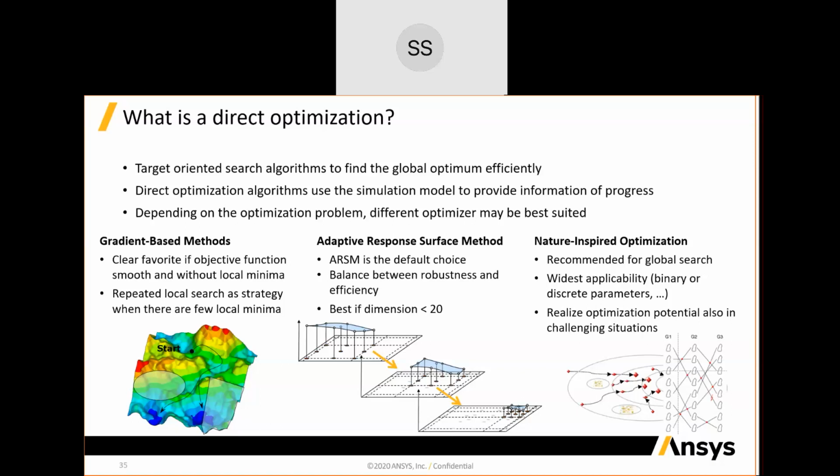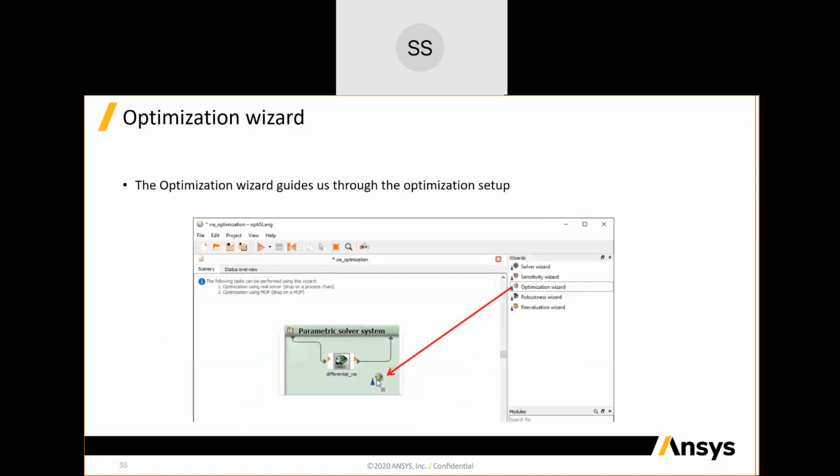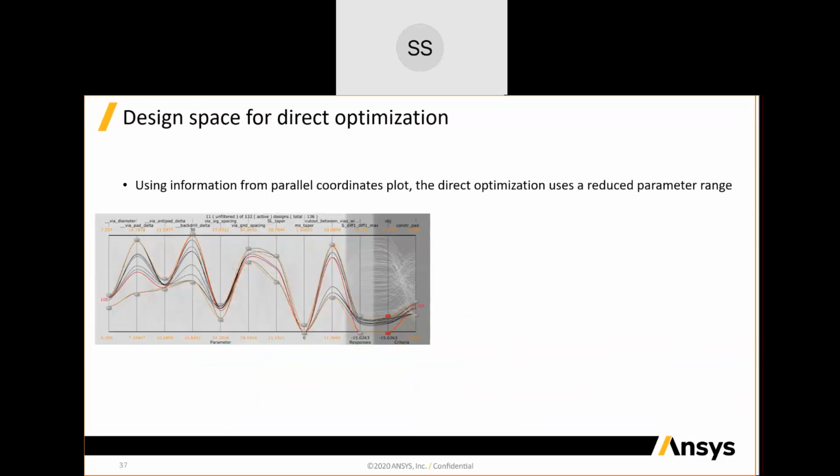This one is a very efficient approach, and that's why we're using it as the default choice when we're using optimizations in optiSLang. Setting up an optimization, again, is done with the optimization wizard. The first step is looking at the design space. Now, instead of just using 5% of the initial design space to narrow down our search area, we can do better than that.